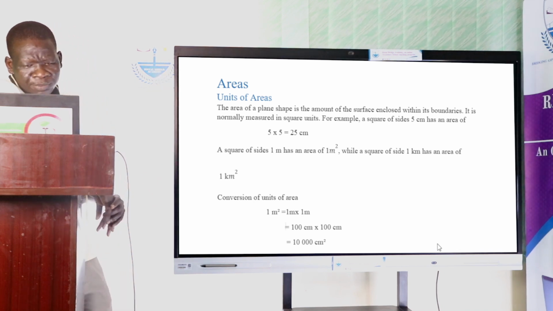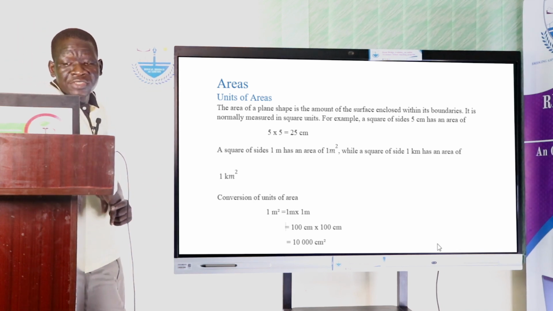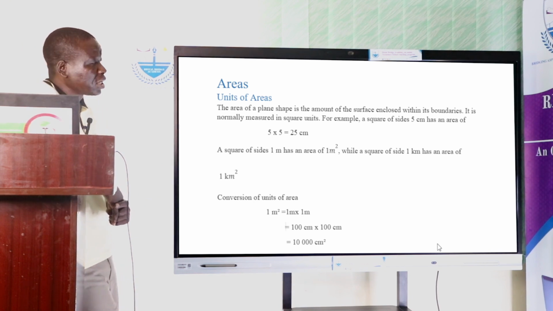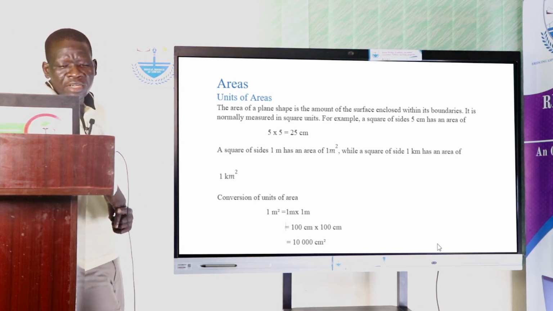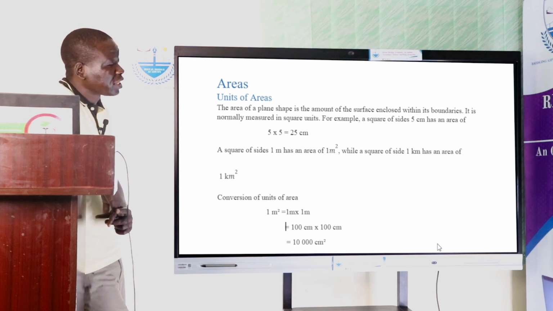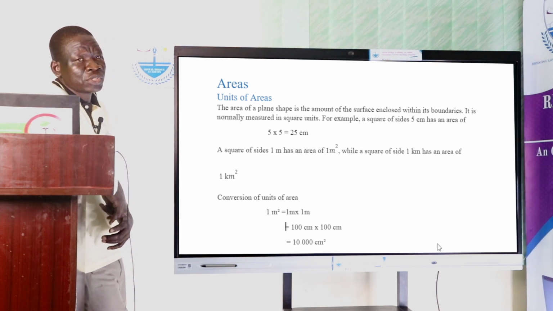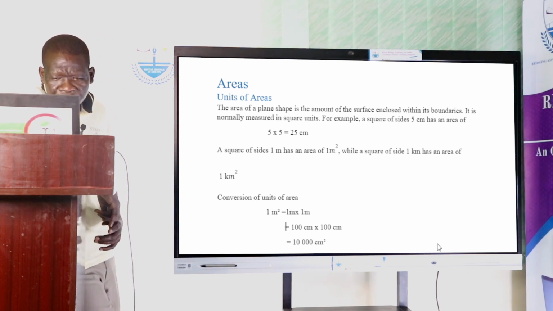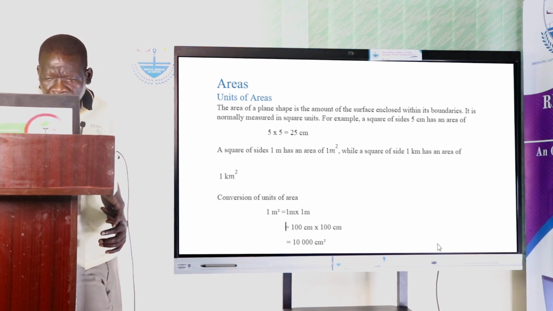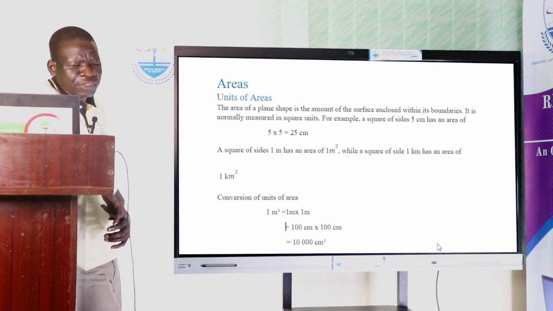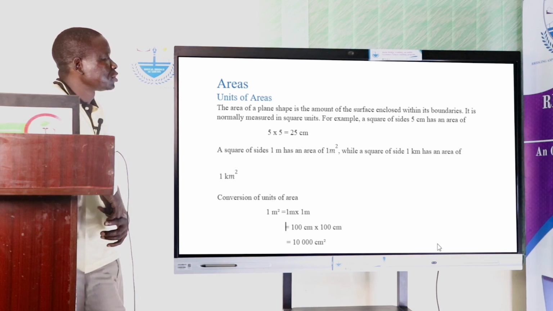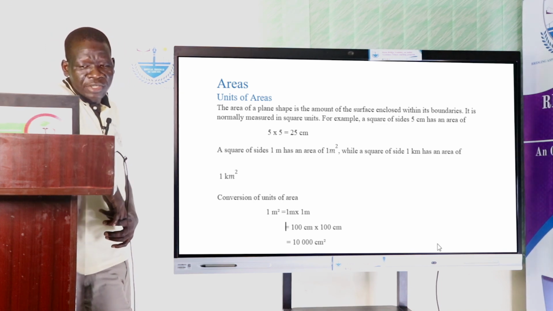For example, a square of side 5 centimeters has an area of 5 times 5, which is 25 centimeters square.